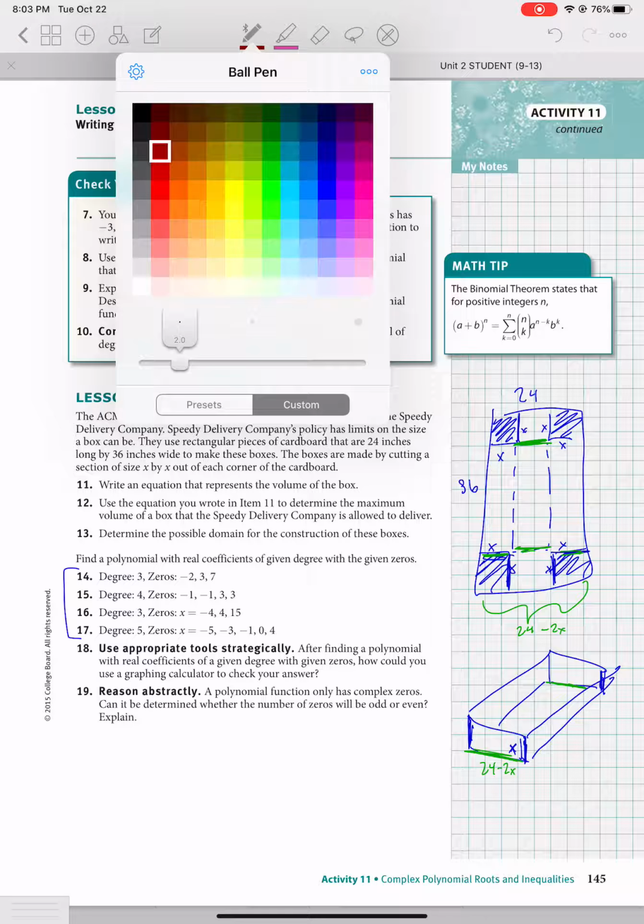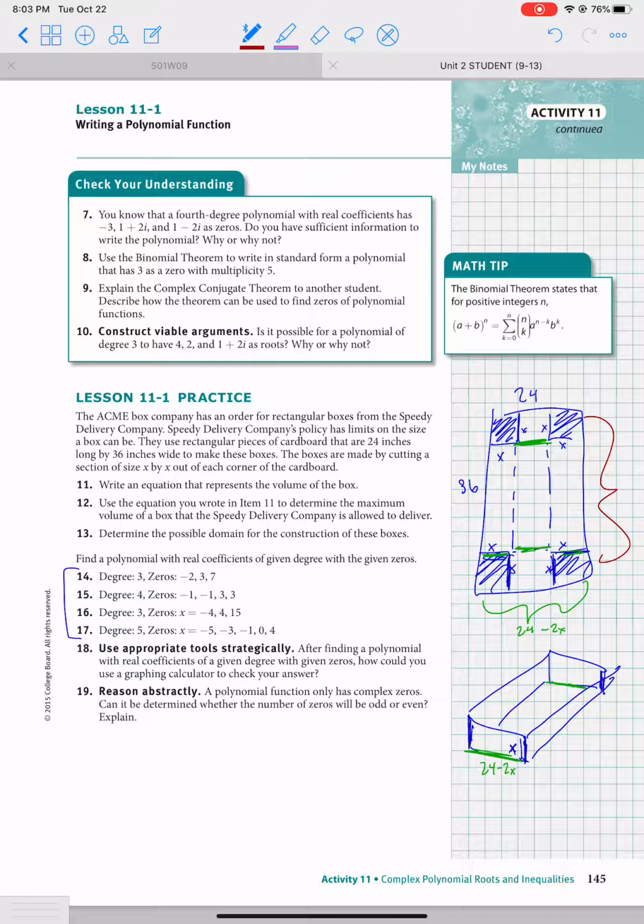Likewise, we had the entire cardboard piece, which is 36, and then we took away these two x's. So it's 36 minus 2x would give us this chunk right here on both sides of the box. So it's 36 minus 2x.